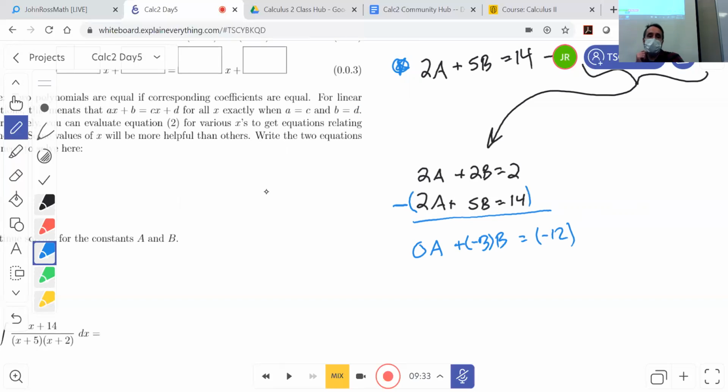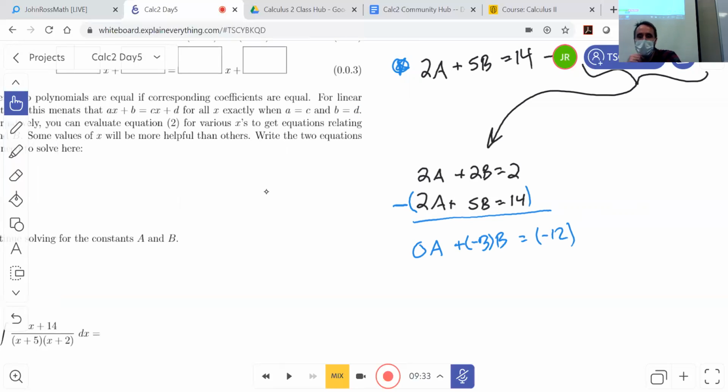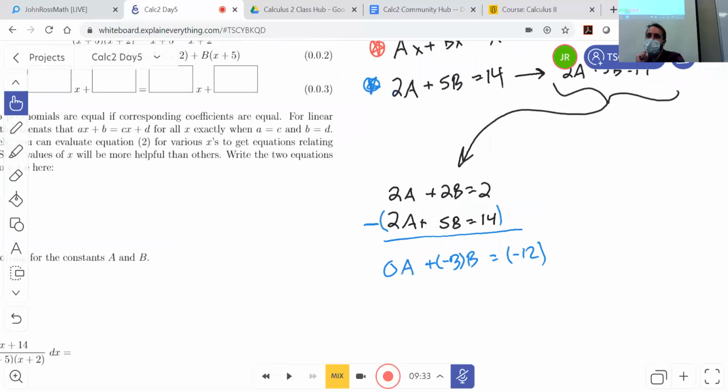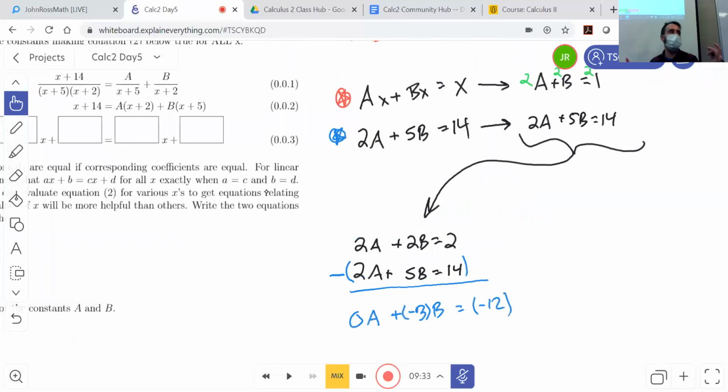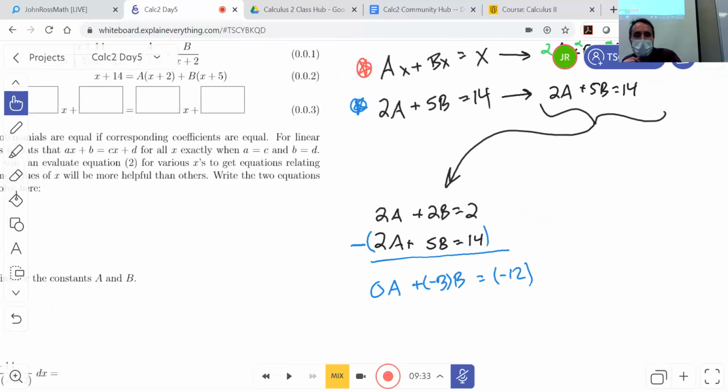Right? So again, my trick for doing this was to try to eliminate one of the variables by multiplying one of the entire rows across by a single constant, in this case, the number 2. That meant that I had a 2A in both equations, and then I just subtracted one from the other.